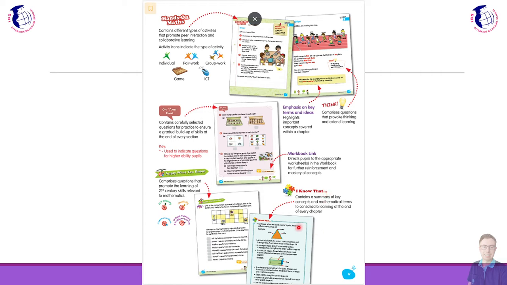This is somewhat of a checklist to check what you've learned, and it'll give you links to page numbers. If you read something and go, I don't actually know that, you can go back to that page and check, read over it again, maybe do another question or two about that particular topic, and that will help you master the knowledge you've learnt in the chapter.